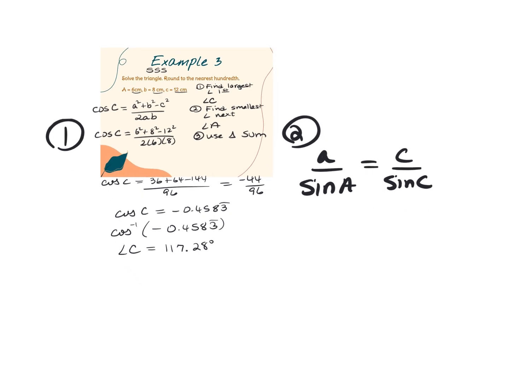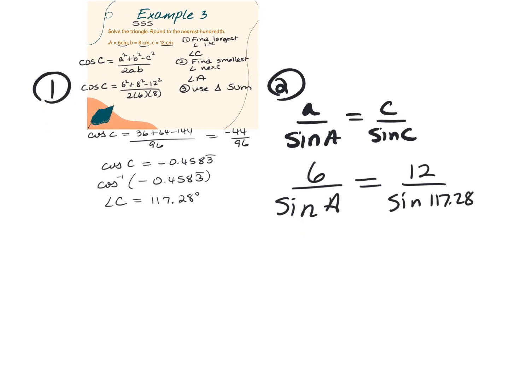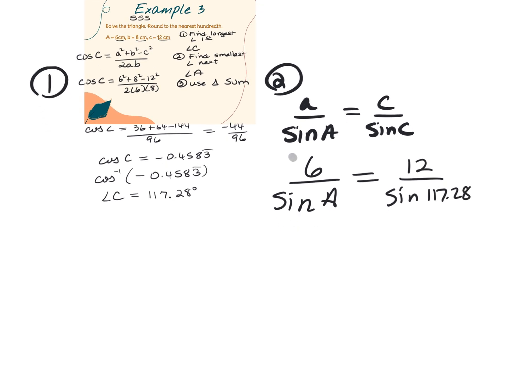So I have side A is 6. I don't know angle A, so I'm going to put it in as sine of A, and then 12 over the sine of the angle I just found. And now I'm going to cross multiply.